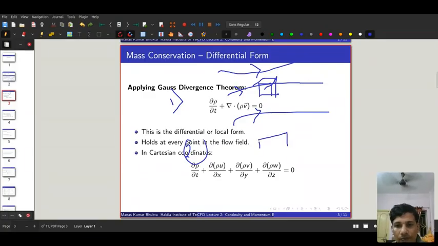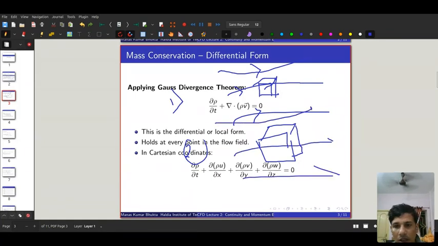The same fluid element is moved with the flow velocity. This is the tangent, where V is the velocity vector. The velocity of that element is equal to the flow velocity. Here also you will again apply the two approaches.